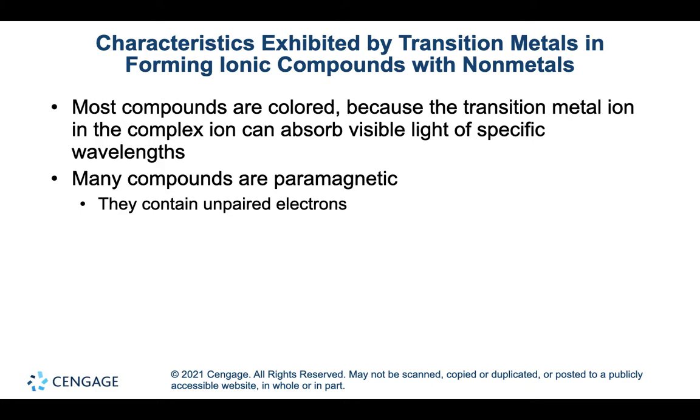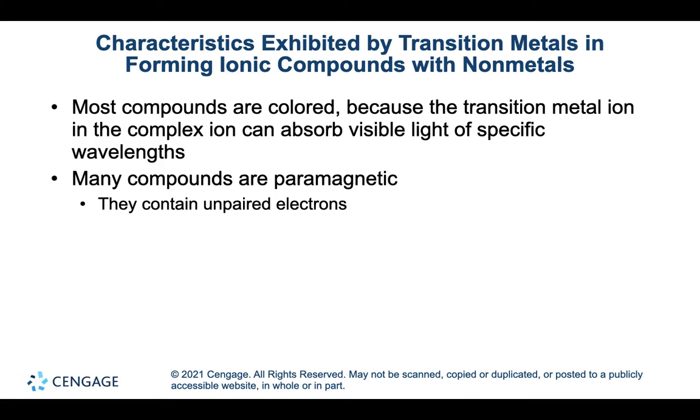And by absorbing those colors, you don't see the colors that are being absorbed. Those wavelengths are gone, but you're going to see the complementary color, the colors that are not absorbed. You're going to see those colors blended to make the color of the transition metal ion.